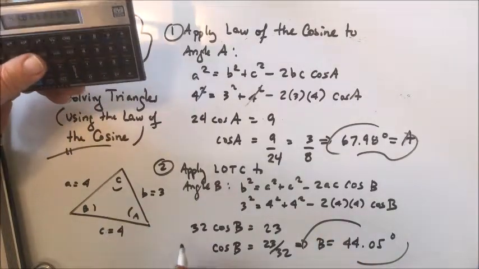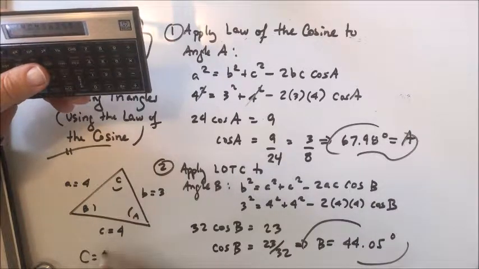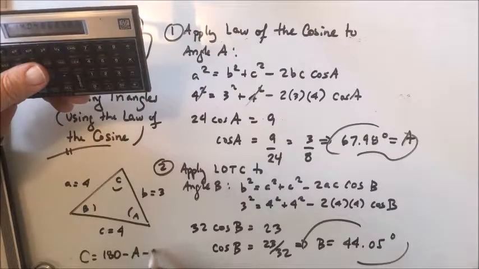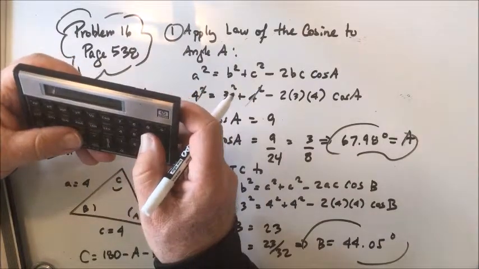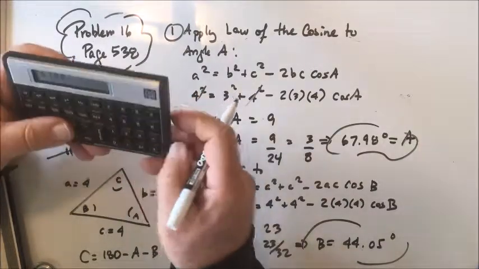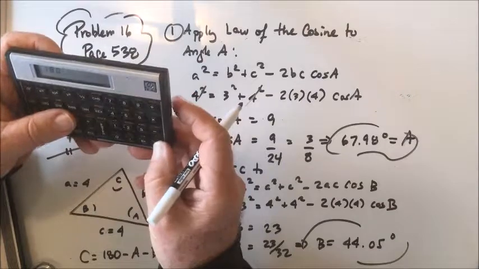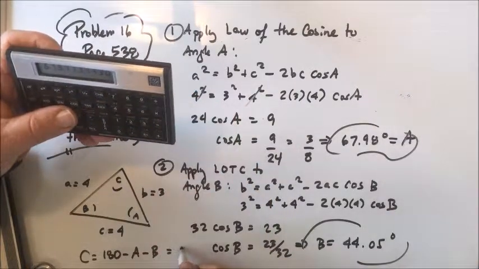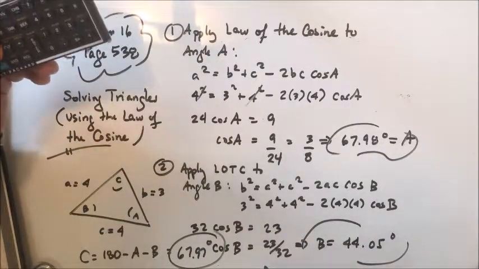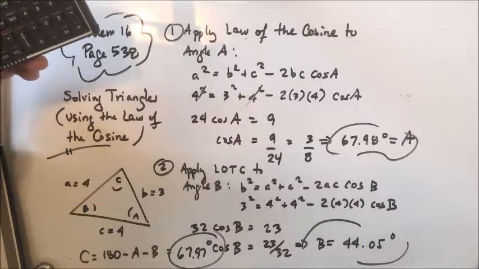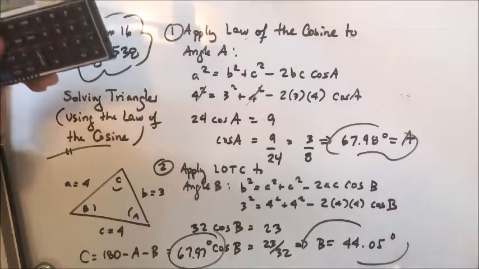I could apply the law of cosines, or instead I could say that angle C is equal to 180 degrees minus angle A minus angle B. Not that quickly, but I would get that C is 67.97 degrees. And I believe that constitutes the solution to this triangle. Okay, let's go with it.